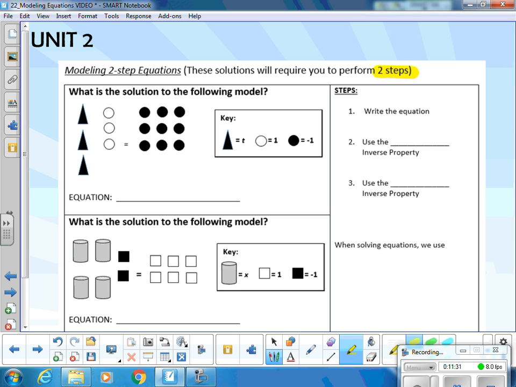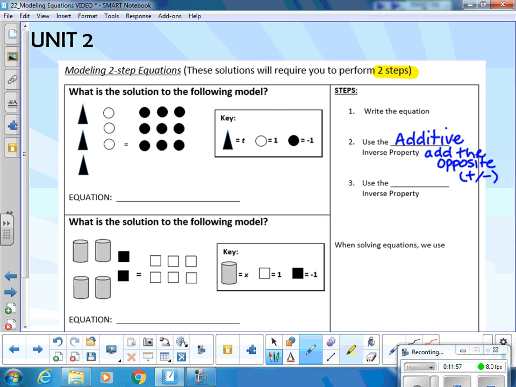So again, let's review our steps. First step is to write the equation, which we're going to do in just a minute. Then we're going to use the additive inverse, which means adding the opposite. And when we say add the opposite, we mean positive or negative.